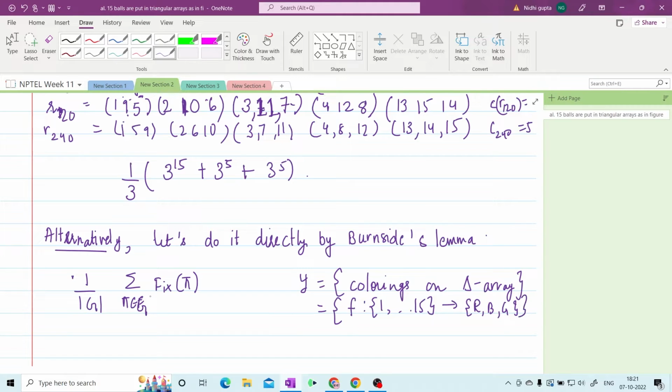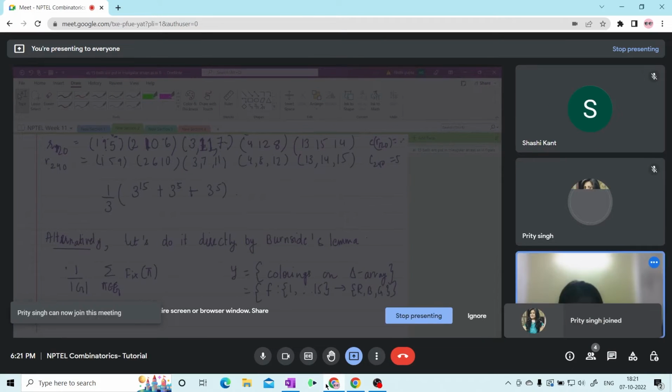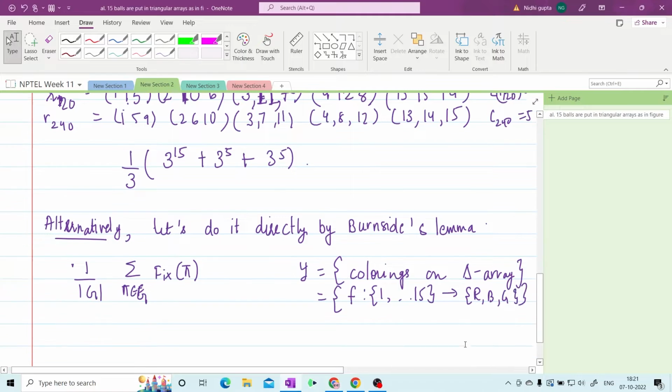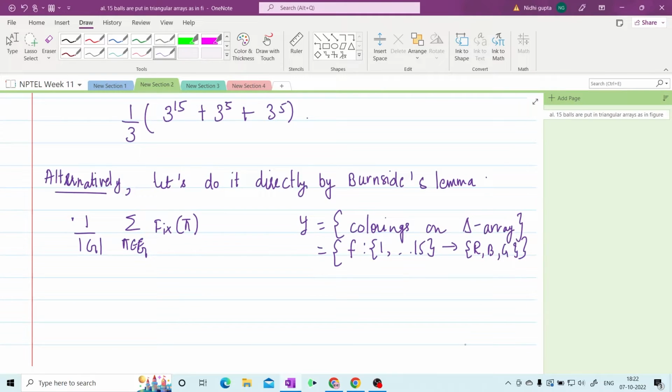So set Y is basically the collection of all the colorings on the triangular array, and the group action is that if g belongs to G and g is acting on f, then g dot f is another coloring in Y. And how is it defined? g dot f takes any a to f applied to g dot a.